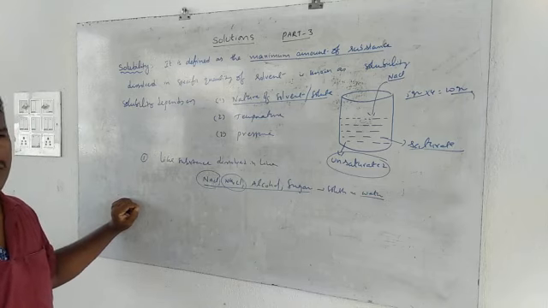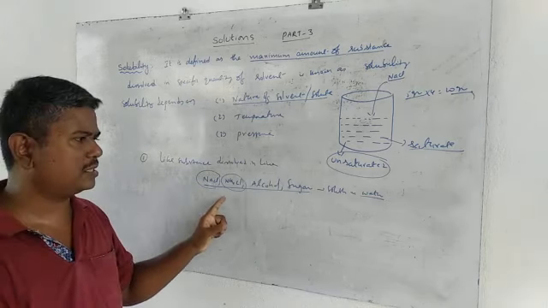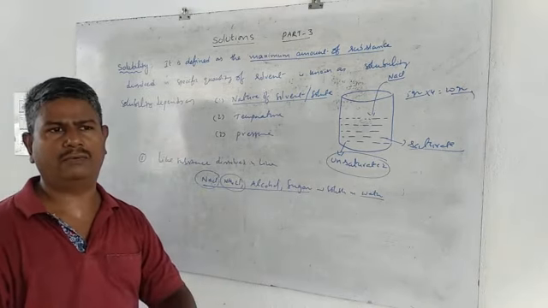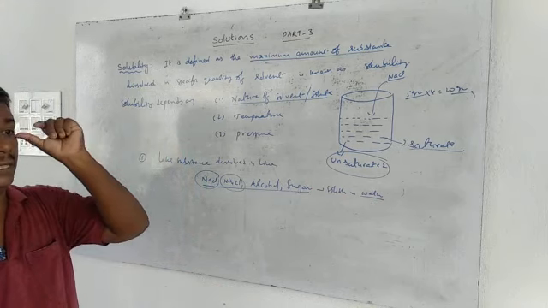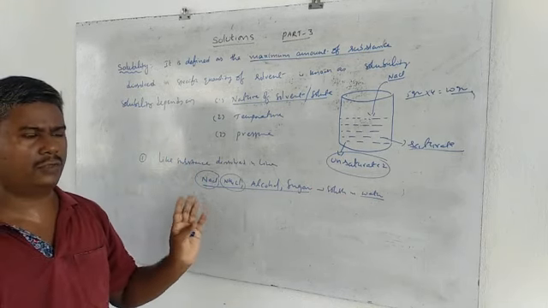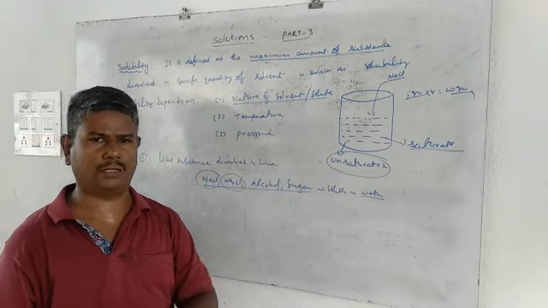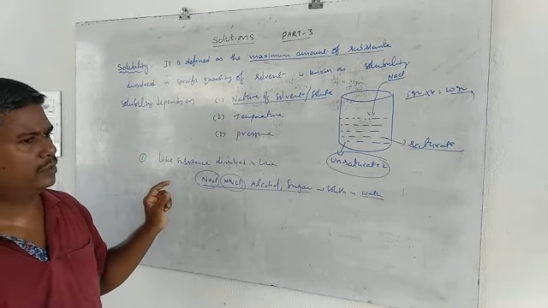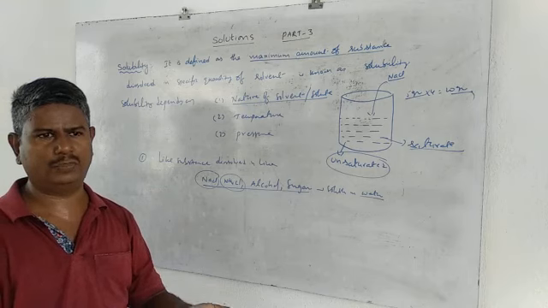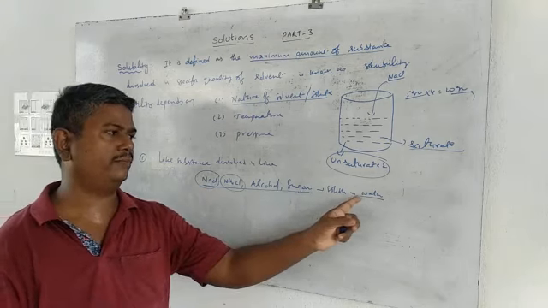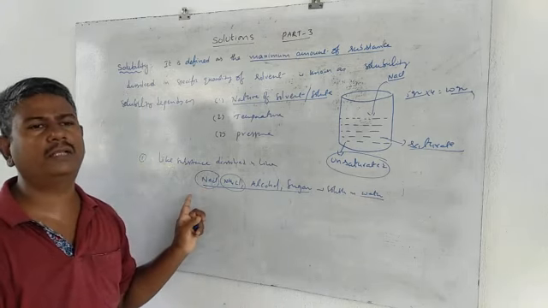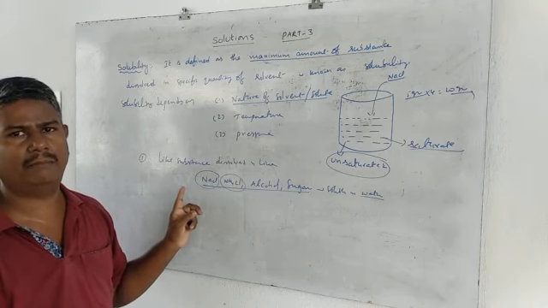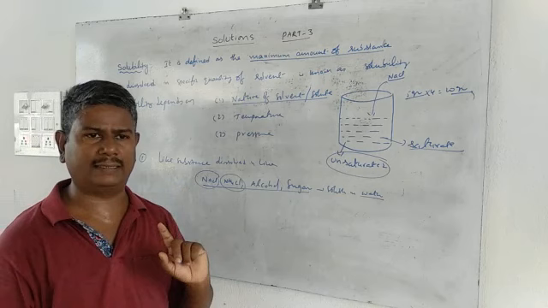That means polar substances are soluble in polar solvents like water. What we have previously studied in chemical bonding in our lower class: all the ionic compounds are polar compounds, electrostatic. That means they are easily ionizable in water. So that's why they are soluble in water. But they are not soluble in non-polar solvents like ether, benzene, carbon tetrachloride.